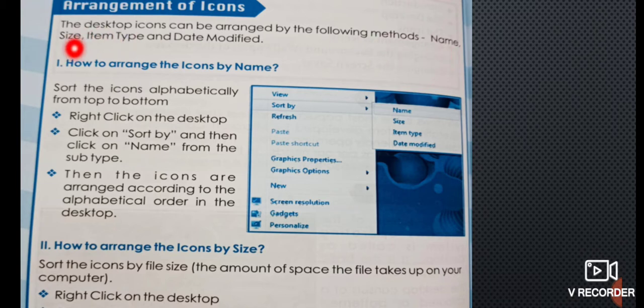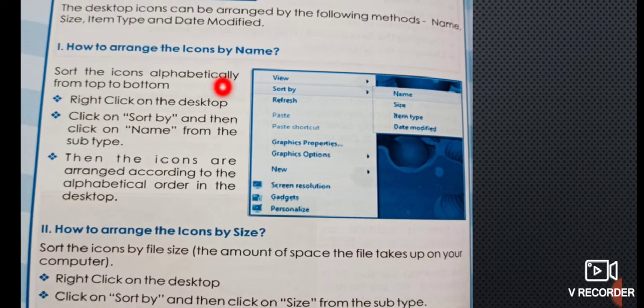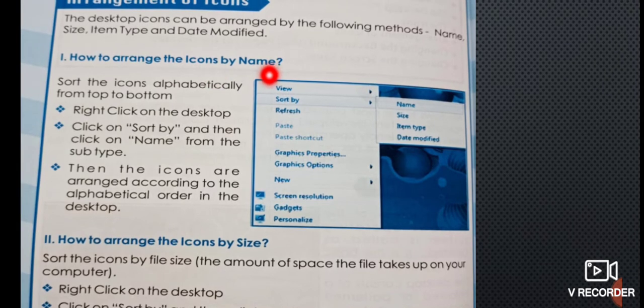Then according to file size, item type, and date modified. So the four methods are name, size, item type, and date modified.